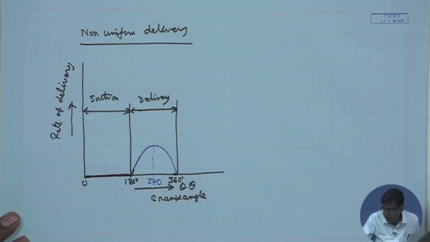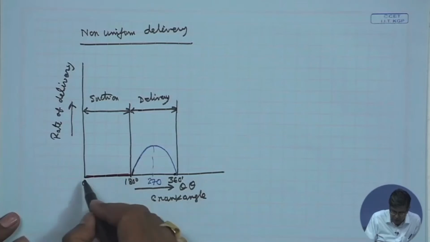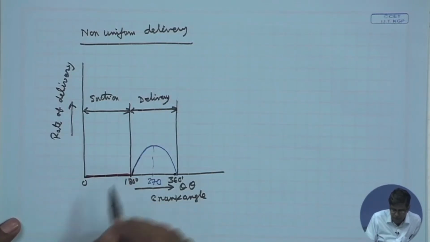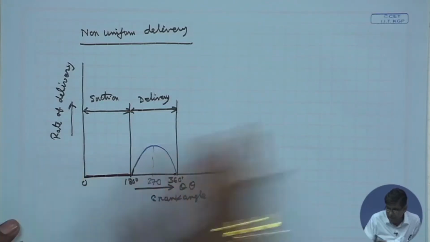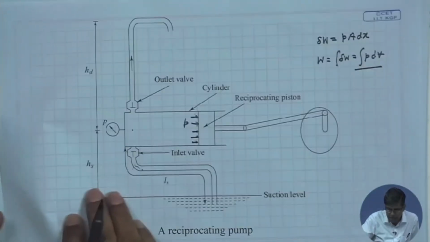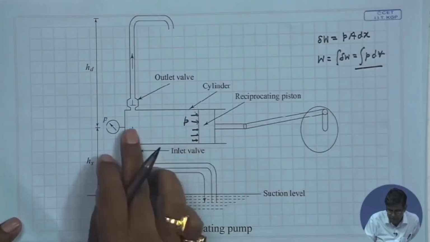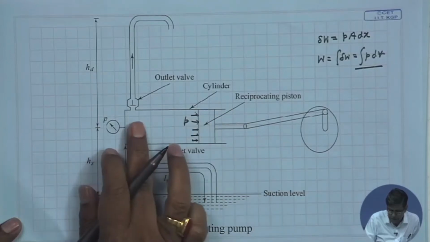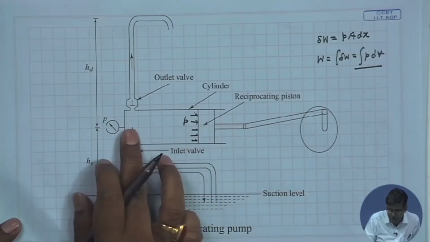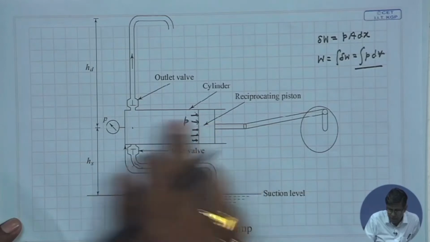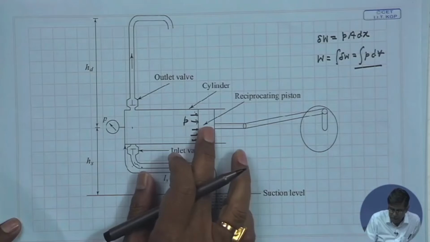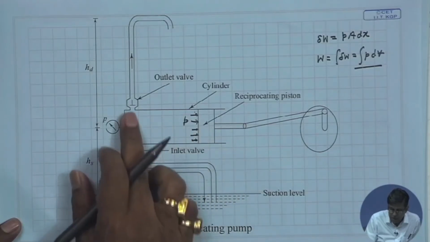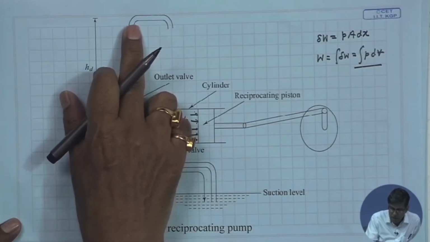So, we get a typical non-uniform delivery for a single cylinder, single acting pump. One cylinder, and single acting means it has suction on one side. It has only one suction stroke and one delivery stroke. So, during the suction stroke there is no delivery of the liquid, but during the delivery stroke the liquid is discharged.